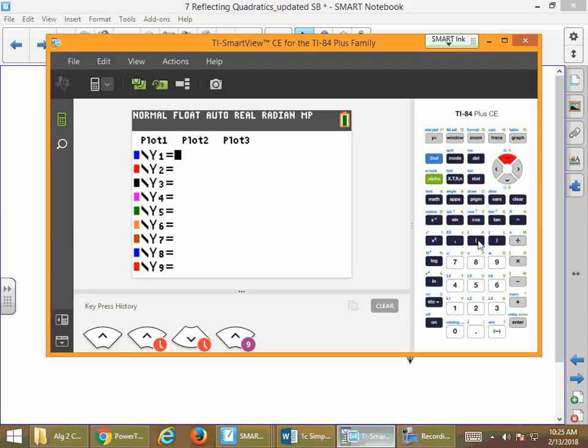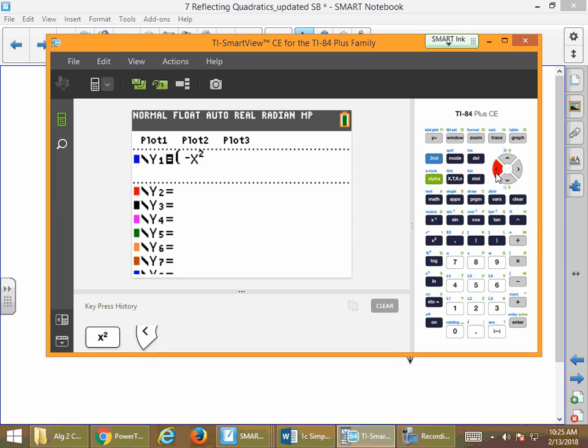And that is parentheses, negative x, squared, plus 4.